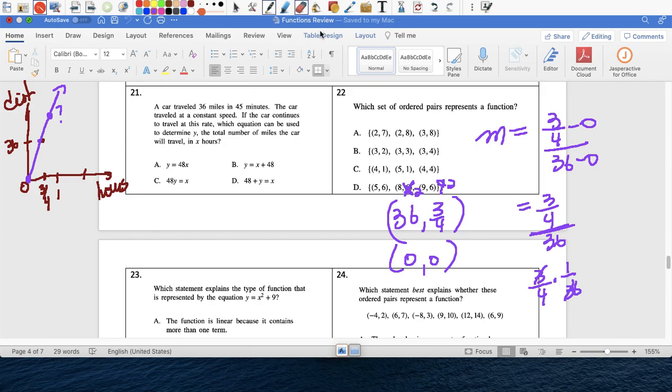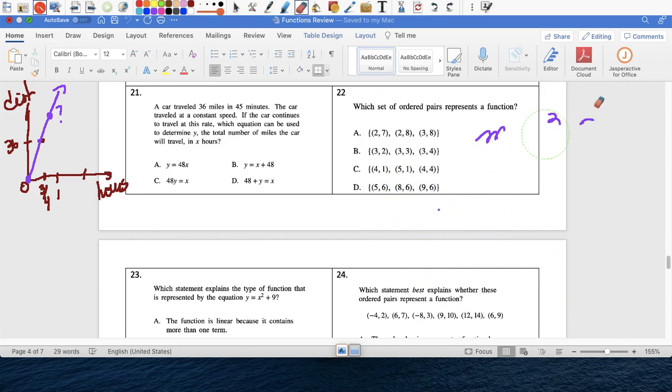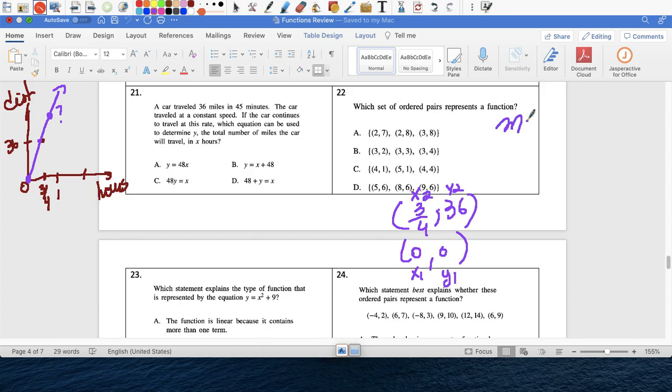Yes, I did. Sorry. Apologies. The point is 3/4 into 36. That's my mistake. The other point is 0, 0. So I changed the order. I made a mistake on the order. So this is x2, y2. This is x1, y1. Apologies. Now it makes more sense.